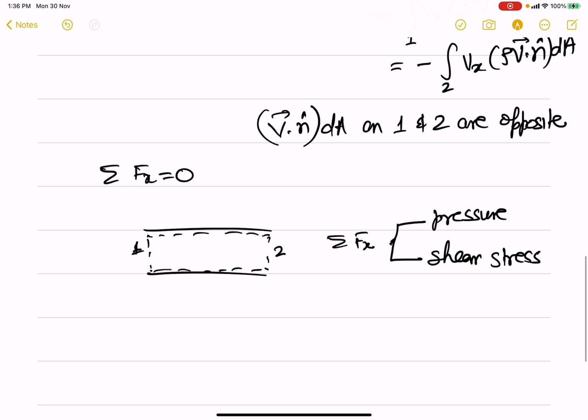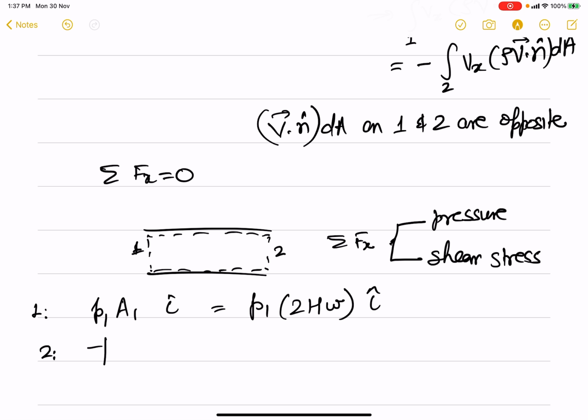So on surface 1, the x direction force will be equal to P1 times A1 in the i direction, which is equal to P1 times 2h times W in the i direction. On surface 2, this force will be minus P2 A1 i, and this will be equal to minus P2 into 2hW into i.